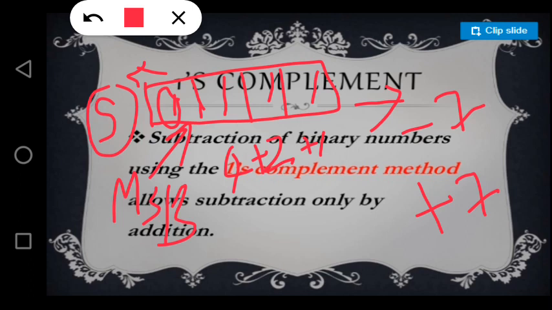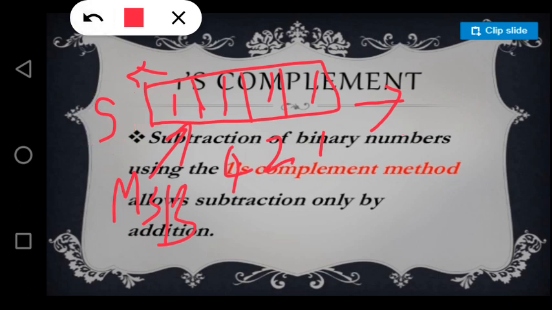So this minus 7 is the smallest negative number, or smallest signed number, that you can represent with 4 bits. Similarly, plus 7 is the largest positive signed number that you can represent with 4 bits.